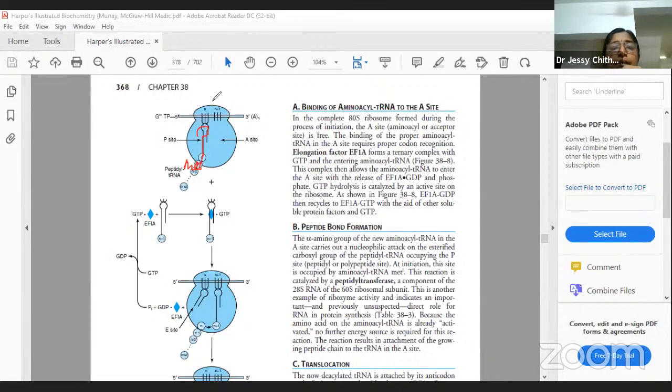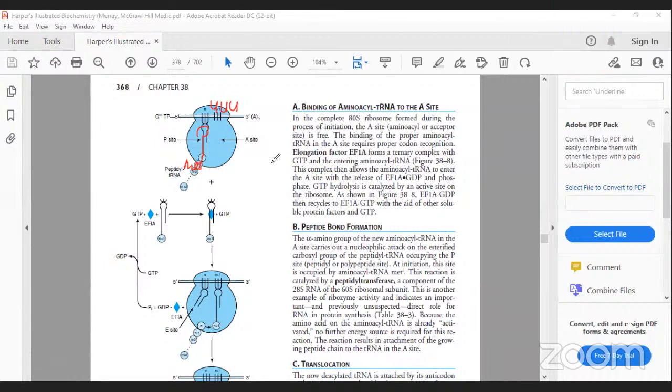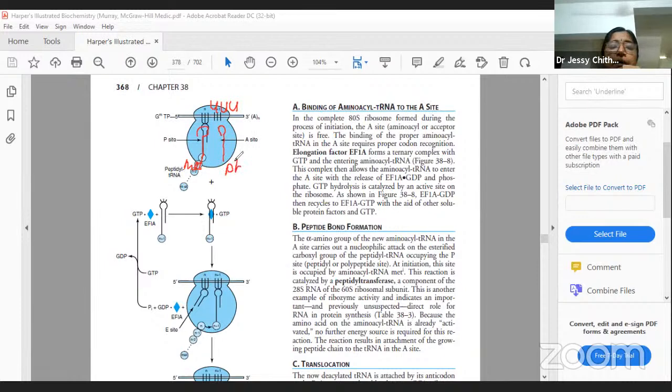If the codon at this region is UUU, which amino acid will come? Which tRNA will come? The phenylalanine carrying tRNA will come and attach at the A site.